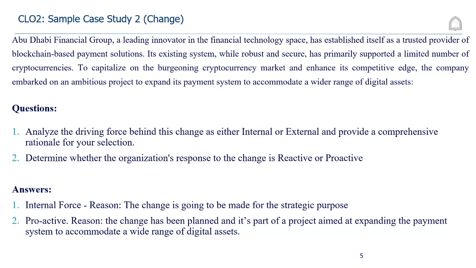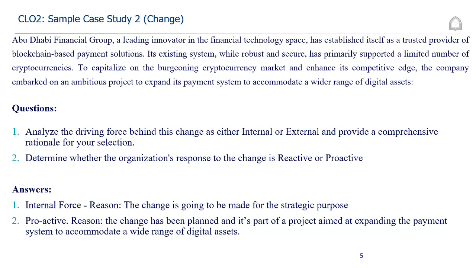So you need to have knowledge of what kind of changes there are and how you react to those changes. Now, there are two kinds of changes. We've got the internal, which can be motivated internally.